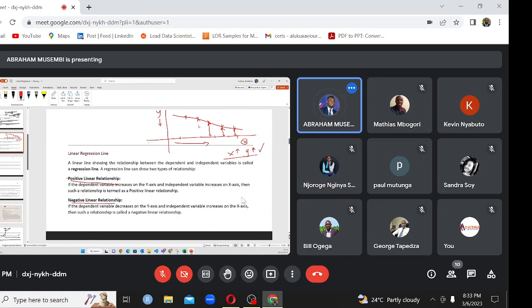So you can see our y. As we increase the value of x, our y value is decreasing. Vice versa, if we are reducing the value of x, then the value of y is increasing.